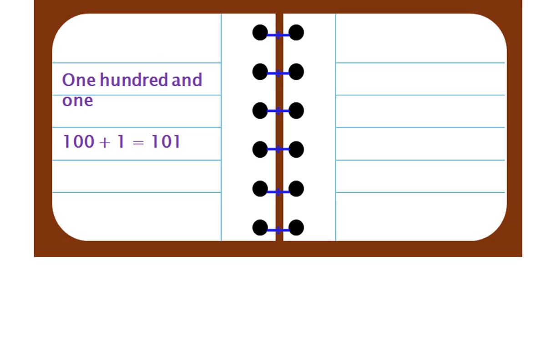But if you are talking about any number bigger than 100, even if it's 101, it becomes ciento. So 100 plus 1 equals 101, and since it's greater than 100, it's no longer cien, it's ciento. Ciento uno. 102, ciento dos.